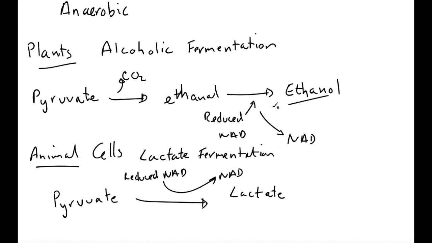The same in animal cells, or similar. Pyruvate, the reduced NAD comes in, takes the hydrogen ion, becomes oxidized NAD, produces lactate, but because of this, glycolysis continues and produces a small amount of energy, but you get this build up in the muscles.